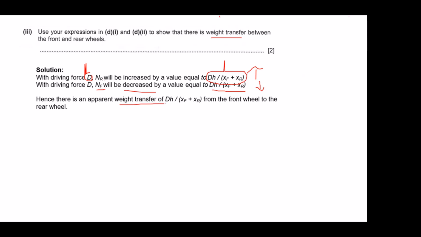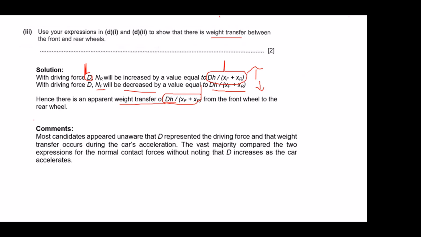So there will be a weight transfer of a certain amount from the front to the rear, all based on this fraction, this ratio. D is actually a driving force, so you have to take note from the expression mathematically given, right? D increases as the car accelerates. When there's an A, there's an F, and F, your driving force, is known as D in this case.